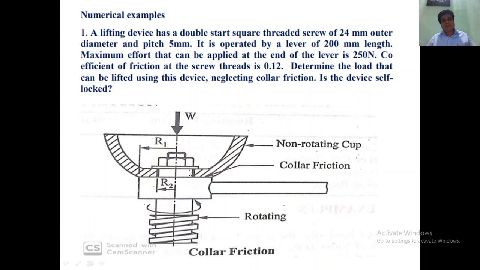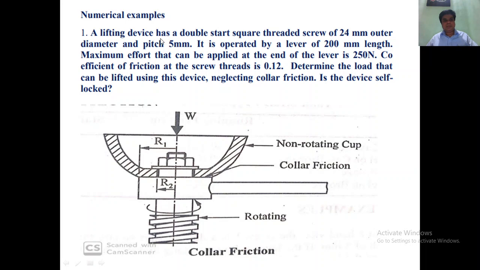In machine drawing we might have drawn all these components, and we have the collar here, and we have the handle or the lever to apply the torque on this screw rod. So this is a screw rod, and it has threads, and this is a collar, and this is the load it has to carry.